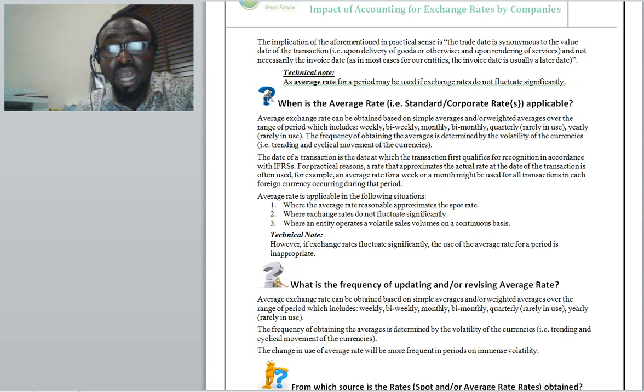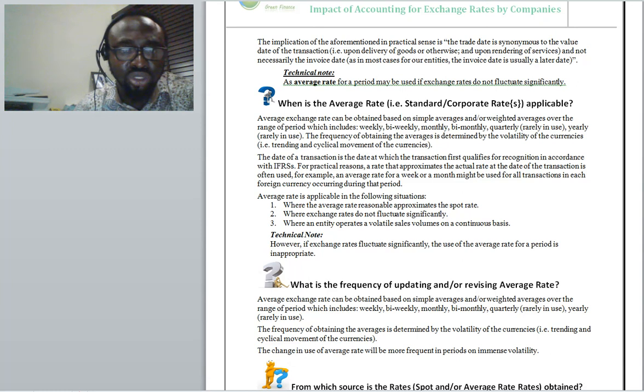situation, an average rate for a period may be much more recommended for companies that are involved in continuous purchases, because it might be an academic exercise to obtain the spot rate at every point of transaction when purchases are more or less on a daily basis or on a repetitive basis.